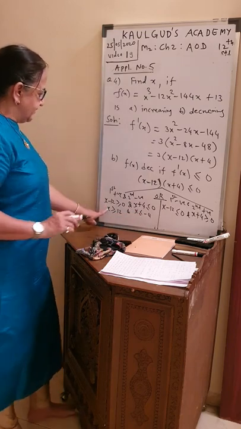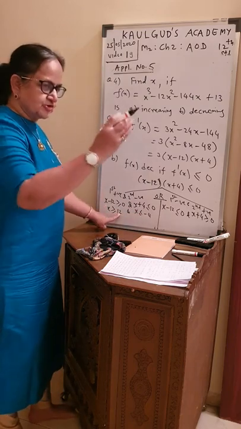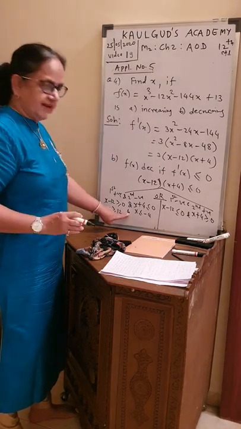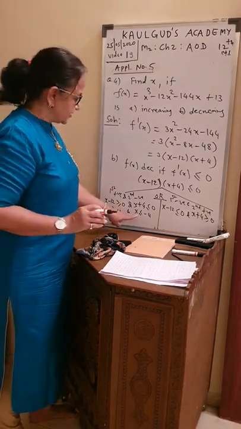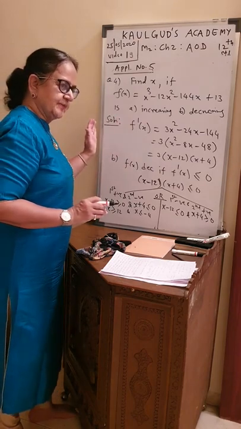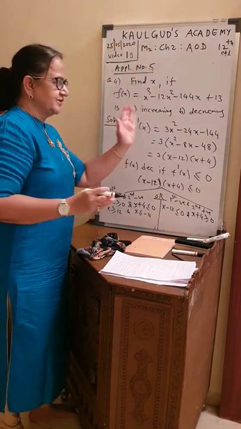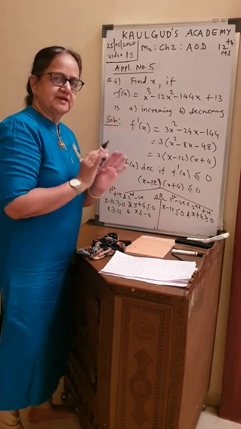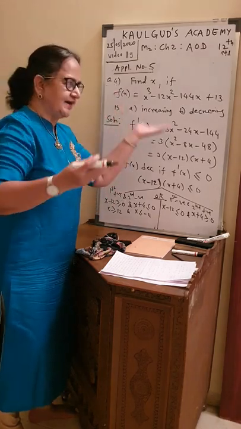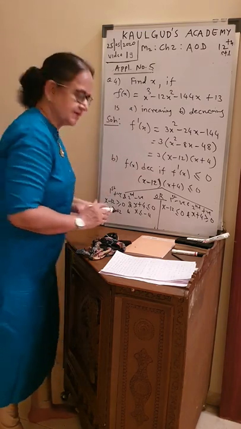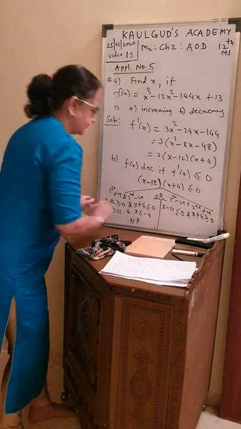Is that possible? Number should be bigger than 12 and at the same time, smaller than minus 4. So bigger than 12 will be positive value, less than minus 4 negative value. One number cannot be positive and negative simultaneously. So this is not possible.